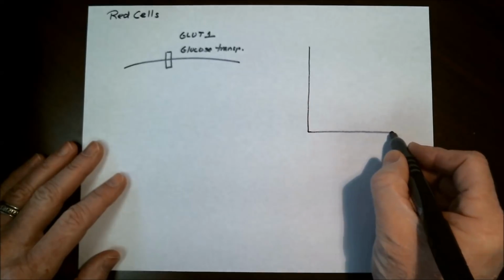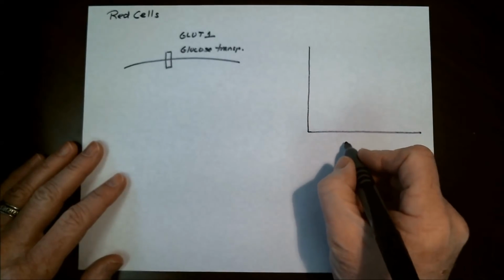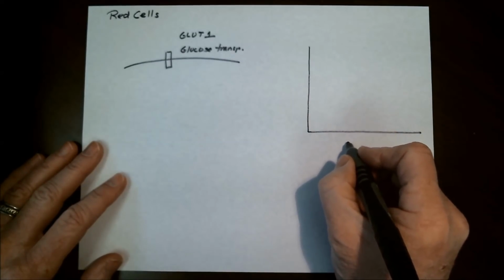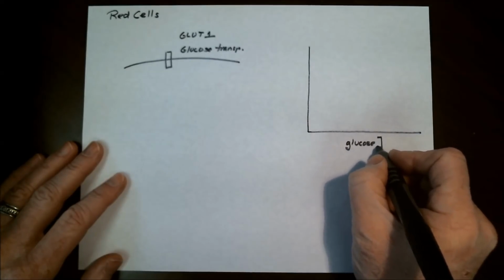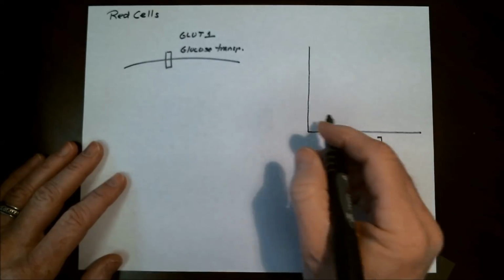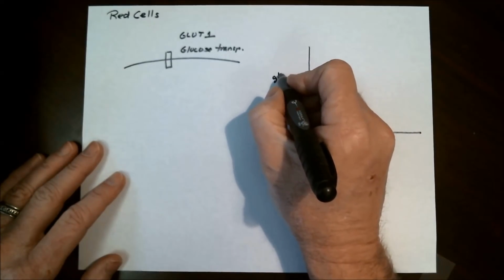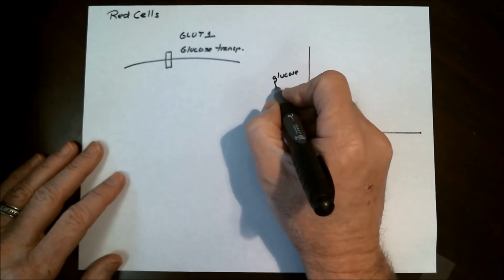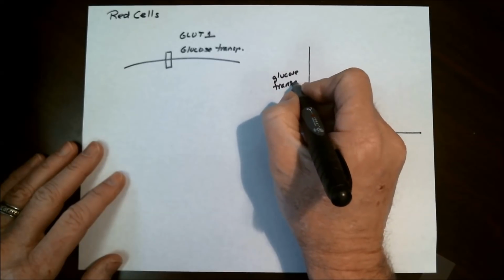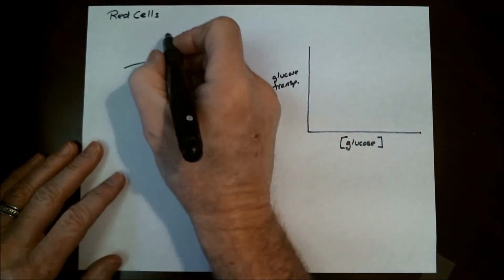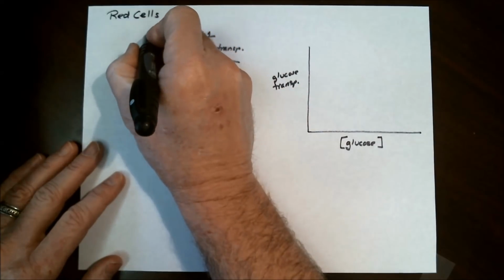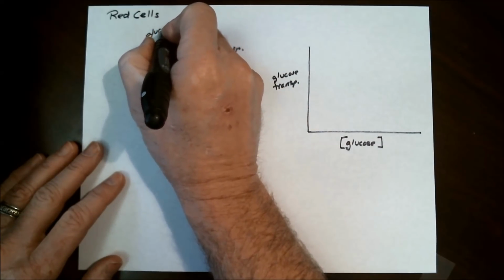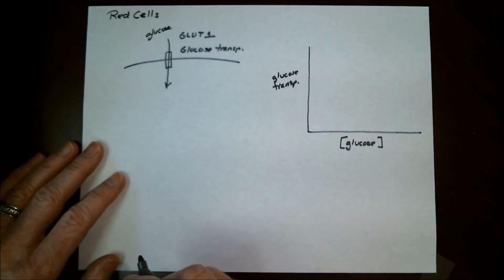So what does this mean? Well, if we look at our graph of transporter activity versus substrate concentration, this would be considered in the y-axis glucose transport into the cell, and we're talking, of course, glucose from the blood being transported by the GLUT1 transporter into the cell.